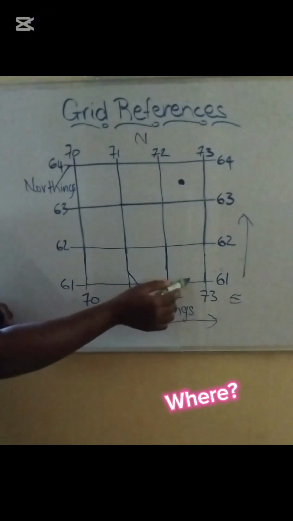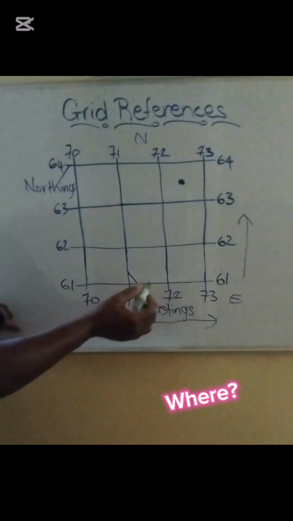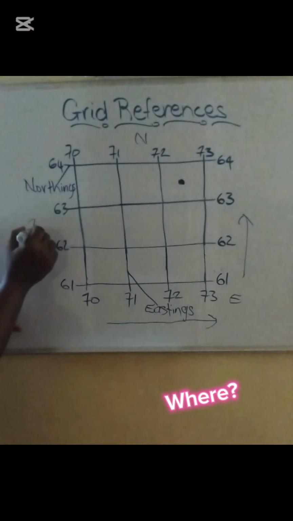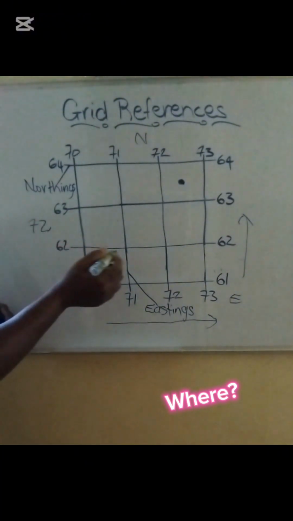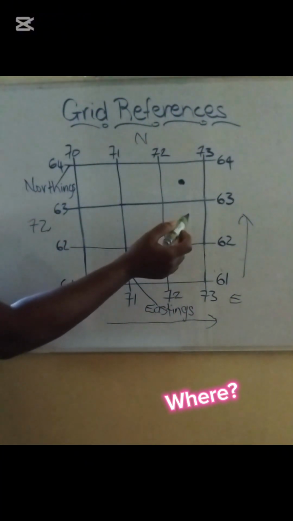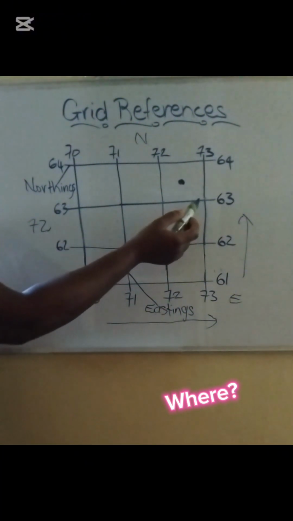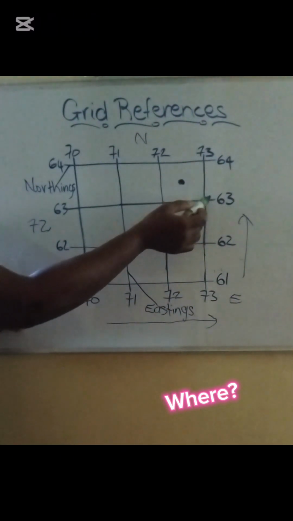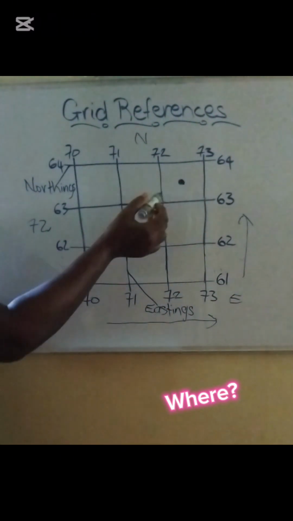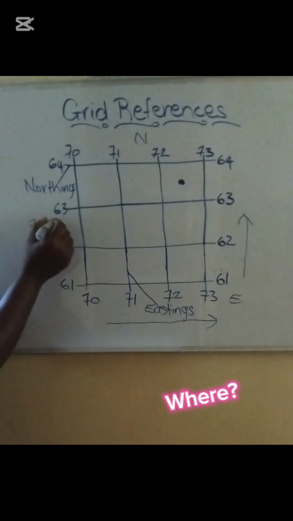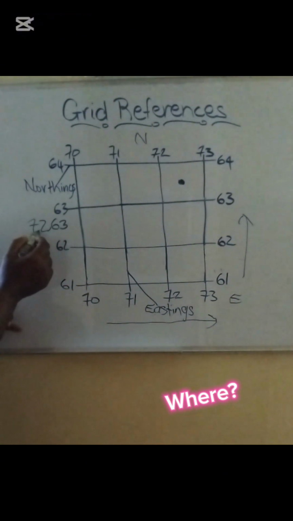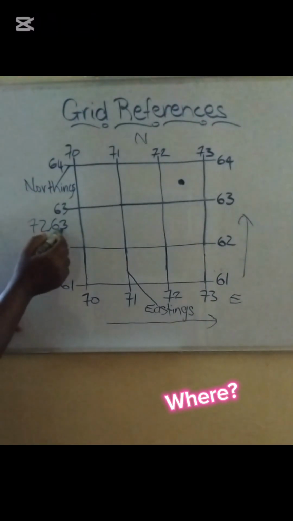So we know that that is grid 72. Okay, so for that, it would be 72. And looking at the horizontal lines now, going up the stairs, it hasn't yet reached 64, so we know it is 63. So the farm would be located at 72, 63.